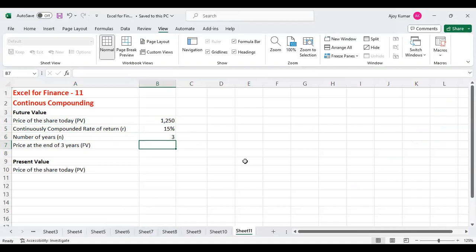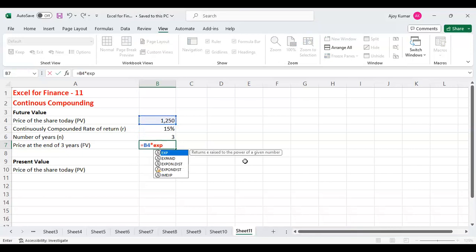So remember, our formula is future value equals present value into e to the power of r into n. Instead of e, Excel has a function called EXP. Therefore, future value is equal to present value multiplied by EXP. Remember, EXP is equivalent to the exponential value e.